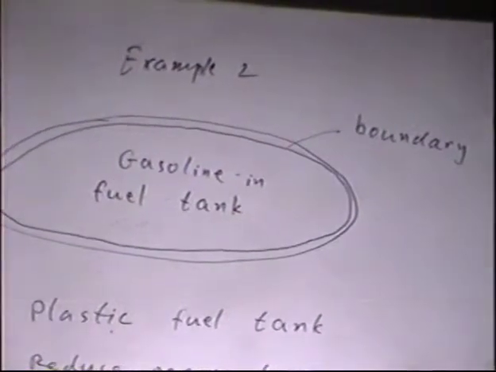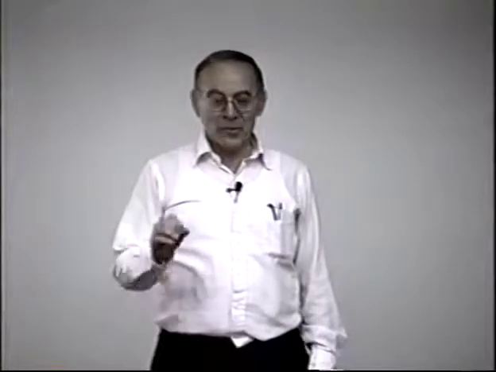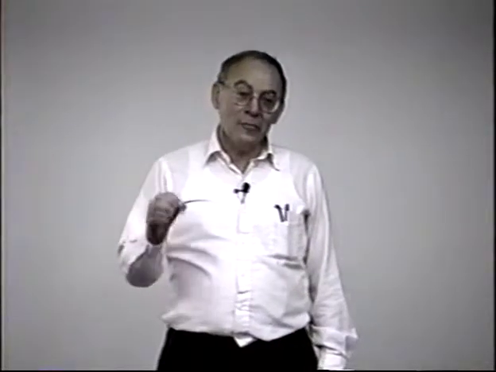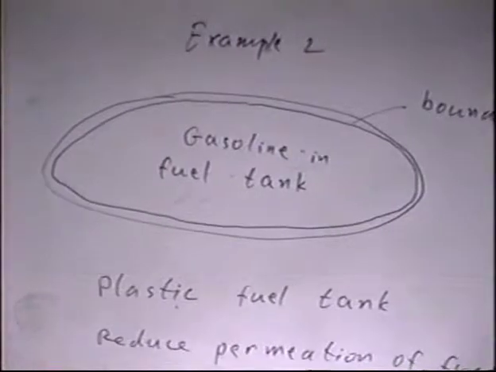And there is a government regulation that says that when the car is in a resting position, parked in your garage overnight, it's not allowed to leak more than a certain number of milligrams of fuel per 12 hours. There are all kinds of regulations. Therefore, a plastic tank is not very good because fuel does permeate through it.